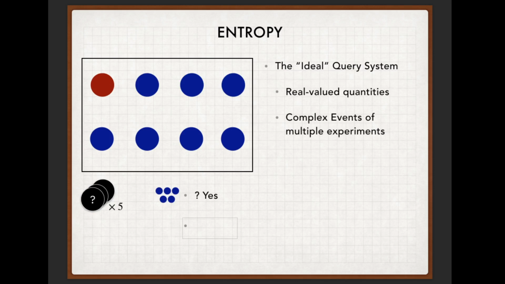But how about if we have some events such as this 7/8? You cannot allocate an integer number of questions to that. The previous calculation of entropy refers to the ideal query system and refers to the asymptotic case, that is, you take something to the limit of infinite experiments, this kind of calculation.